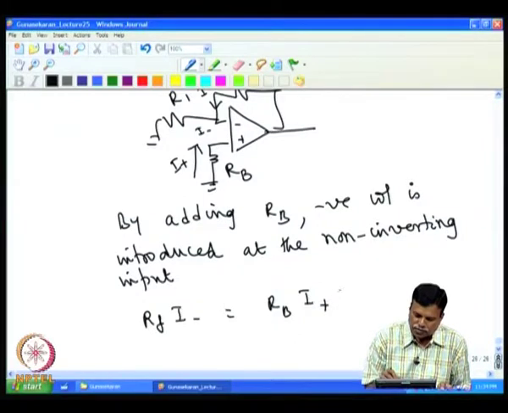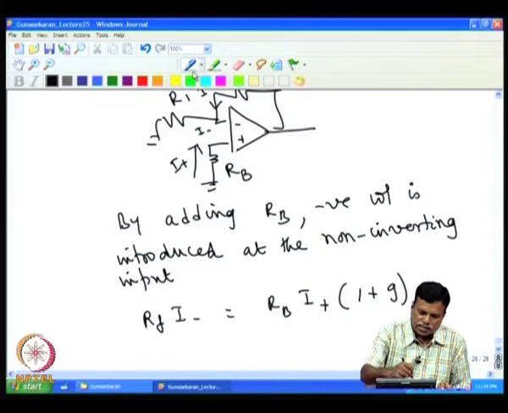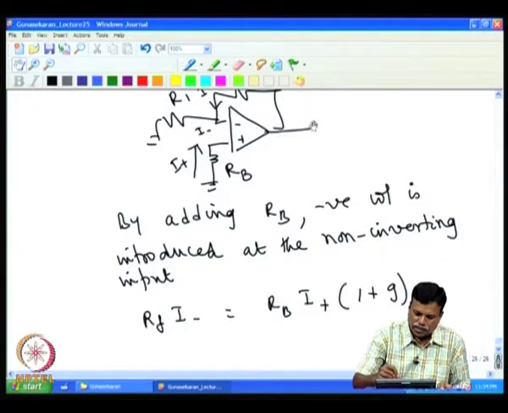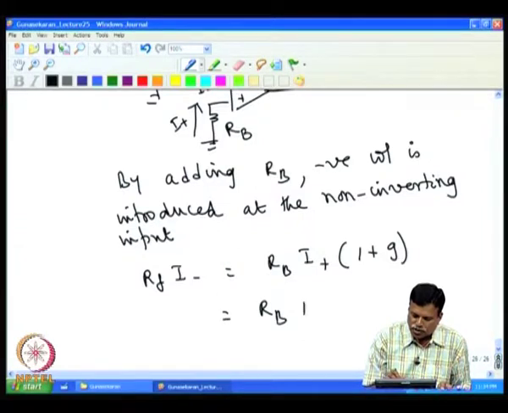Of course, this is multiplied by 1 plus gain, because whatever voltage is applied here is amplified by the gain, that is 1 plus RF by R1, and that is produced at the output. So, if you continue this, it will be RB into I plus into 1 plus RF by R1.